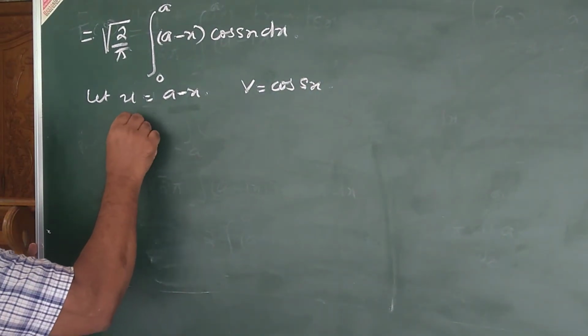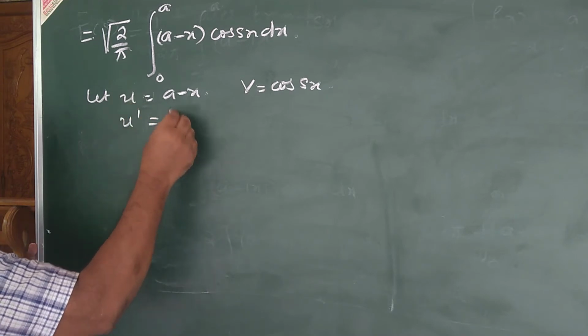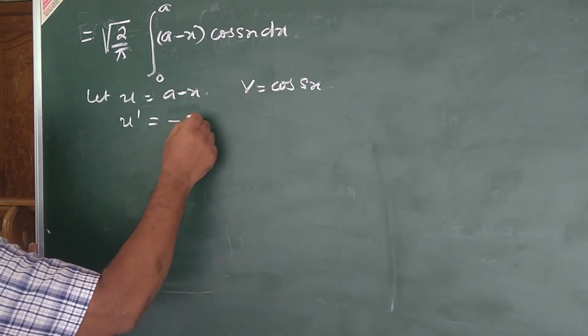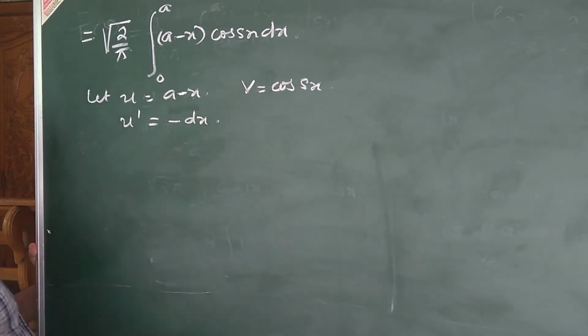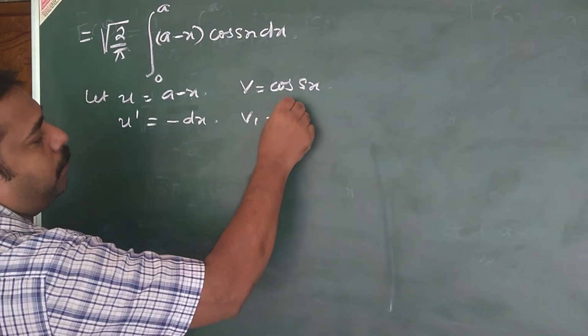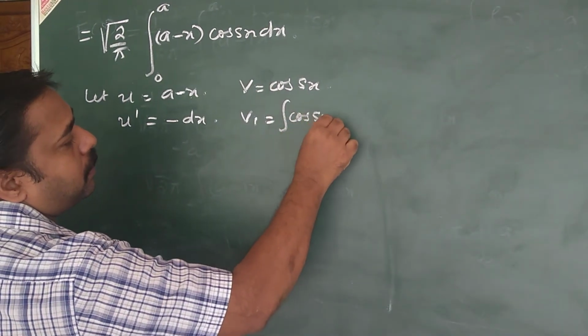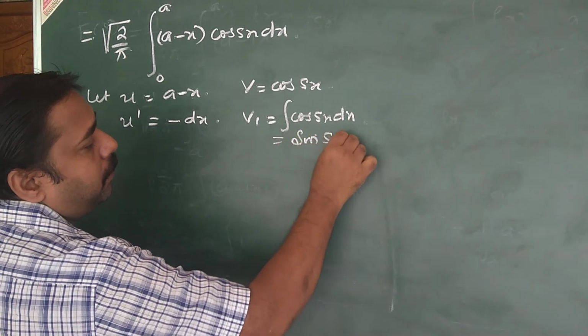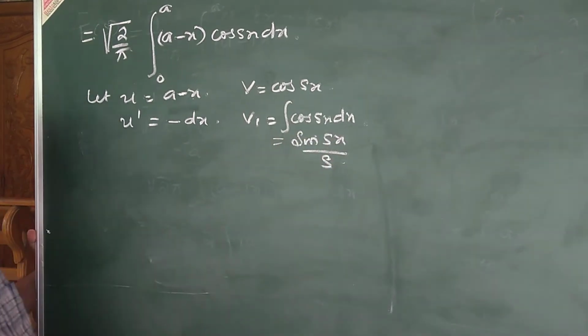Therefore u dash is equal to the differentiation of a minus x, which is minus dx only, that is minus 1. Here we integrate: v1 is equal to integral cos sx dx, that is equal to sin sx by s.